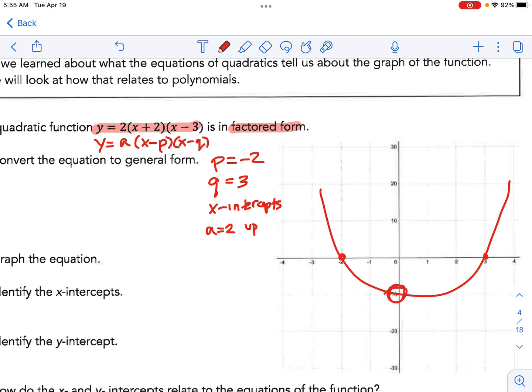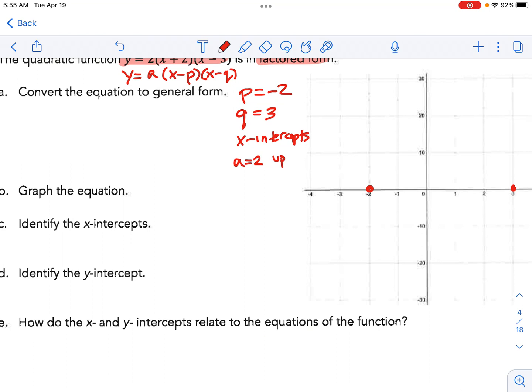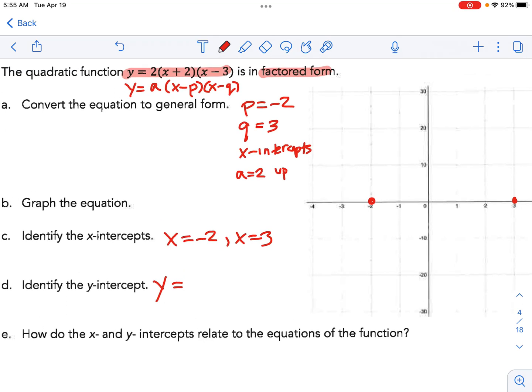I'm going to erase that though, because I want to locate that y-intercept. So x equals -2 and x equals 3 are the x-intercepts. The y-intercept you can get by plugging in 0 for x.